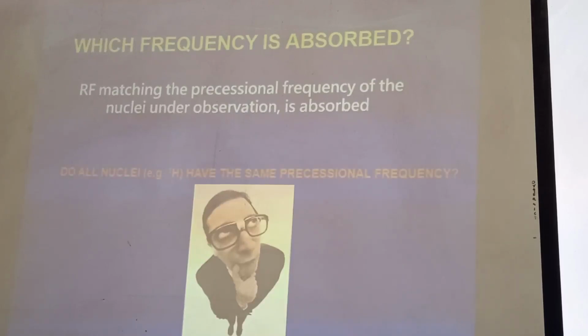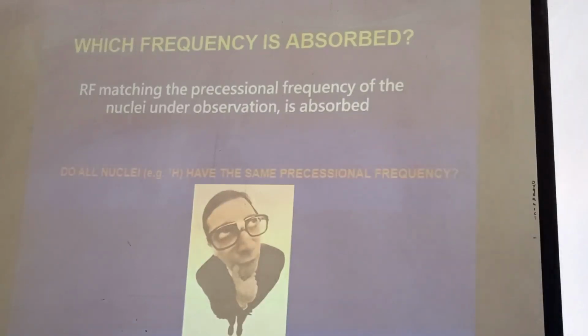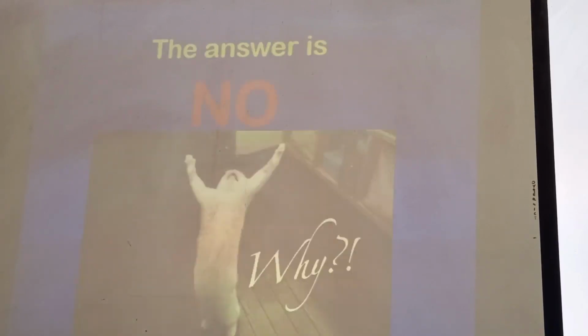So the next question is, do all these nuclei have the same Larmor frequency or same precessional frequency under a constant magnetic field? No. They do not have the same frequency.